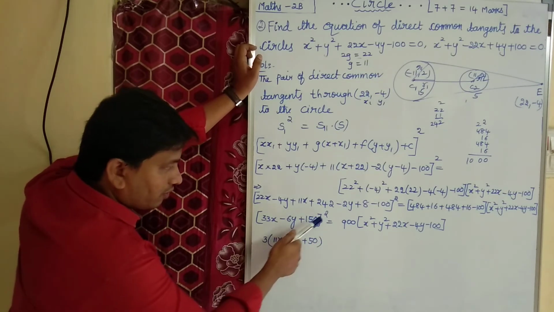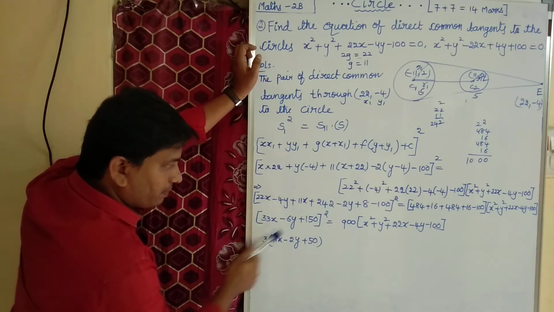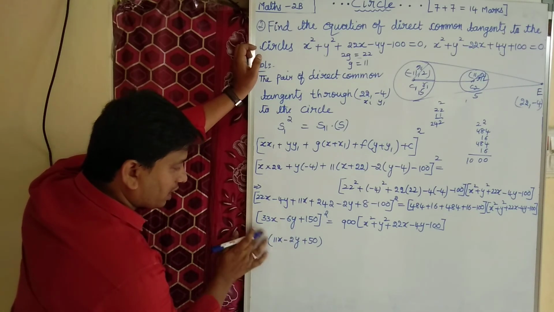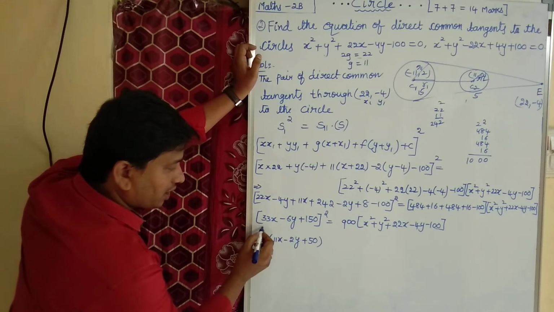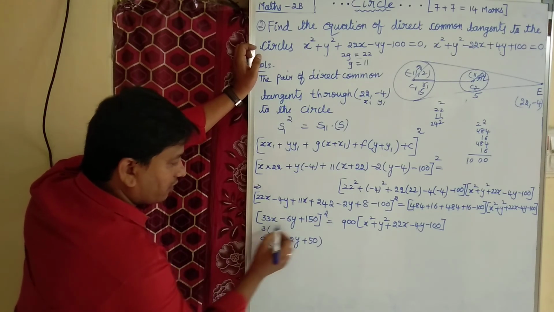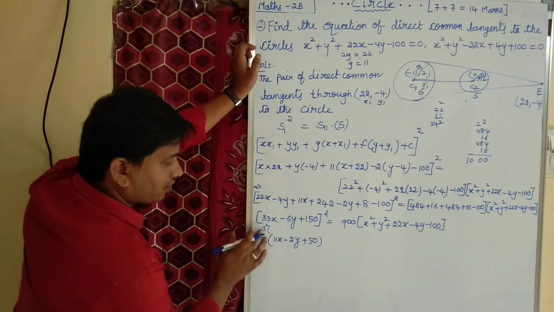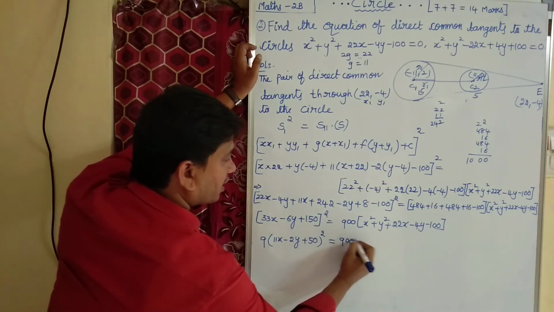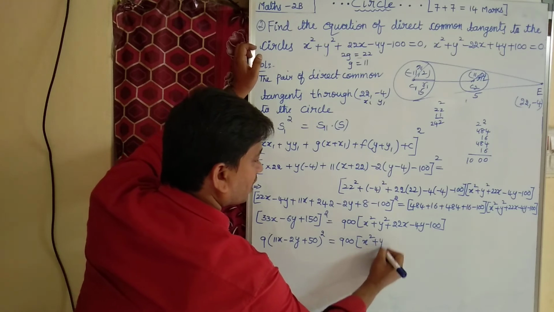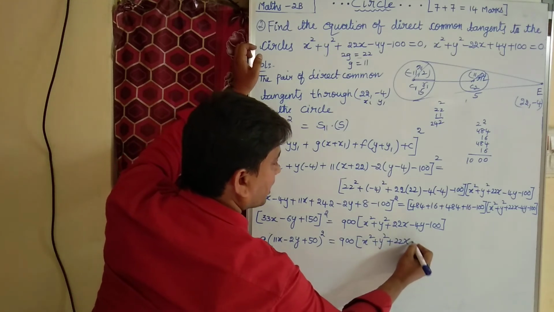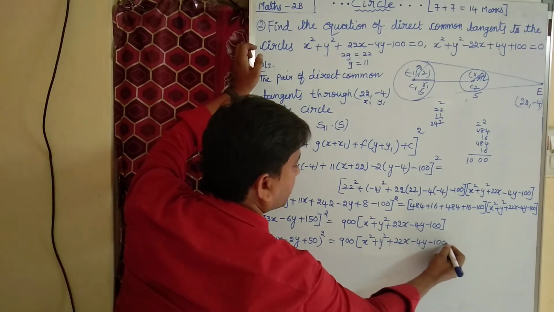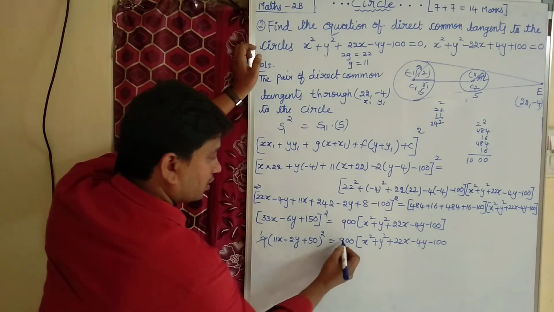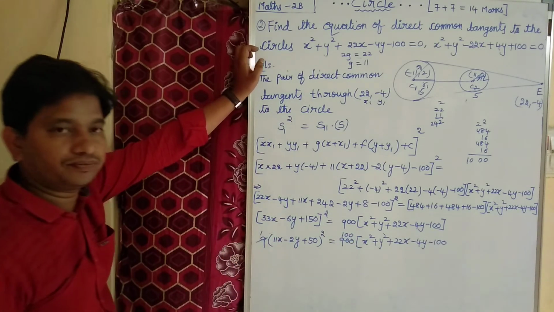But actually we have square, children, here. So this will become 3 square, which means 9. Are you understanding? Here I took 3 common, children, but here we have 3 square, value 9. Whole square equal to 900 into x square plus y square plus 22x minus 4y minus 100. So 9 table, 9 1 ja, 900 ja.